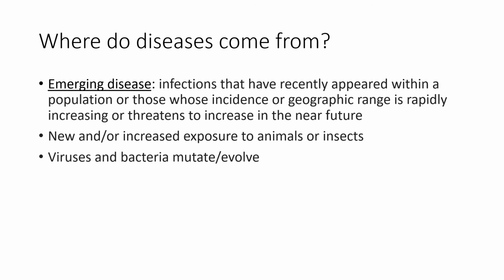So viruses that are new or increase in popularity, if you will, are usually caused by an exposure of humans to animals or insects. So when you think of animals, you can think of, say, civets or bats or something like that in maybe marketplaces or something. We'll talk about that here in just a minute. Or insects. I want you to think of mosquitoes carrying malaria.